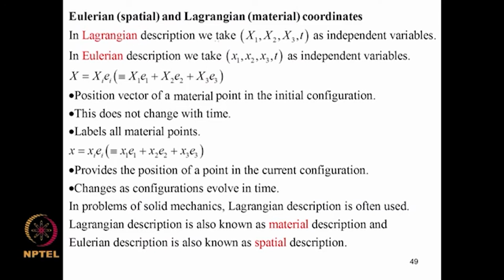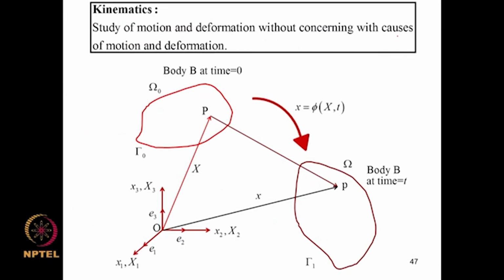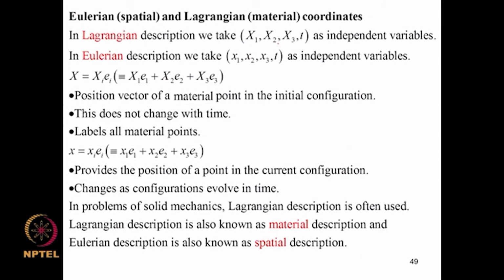In the Lagrangian description, we take capital X1, X2, X3 comma t as independent variables. That means the point P is described by its position in the initial configuration, that is capital X1, X2, X3. Those are taken as independent variables. In the Eulerian description, we take the lowercase x1, x2, x3 as independent variables.